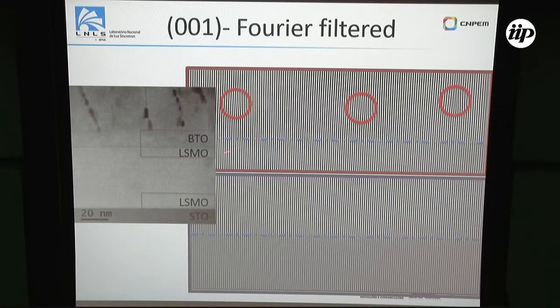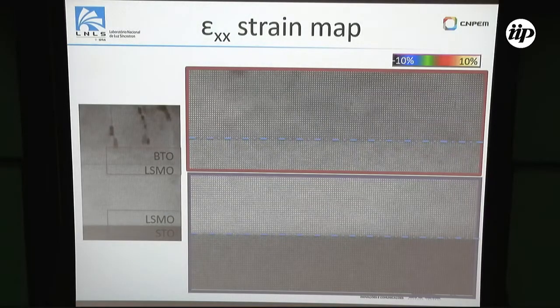And here we have that several nanometers after the interface, we have a dislocation. And this dislocation happens every 20 or 30 nanometers.